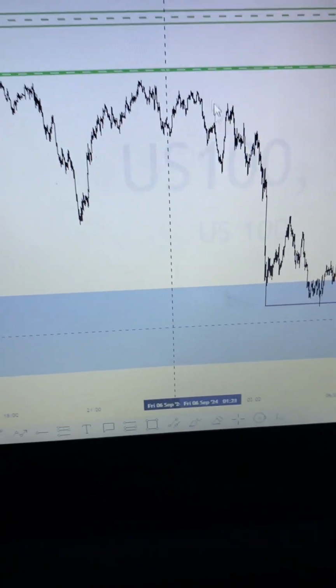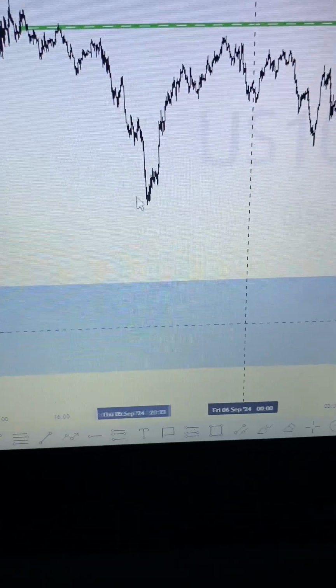We opened to our sell side liquidity right here into a 1 hour fair value gap. We showed respect, creating relatively equal lows, but this was a little shoot below it. We shot up, NFP release here. You wait, you don't trade, you wait, and then it goes up, consolidates.